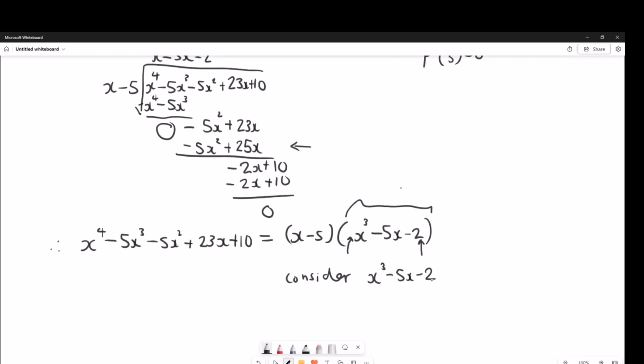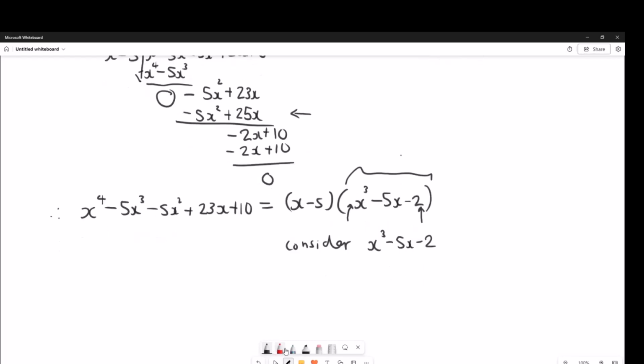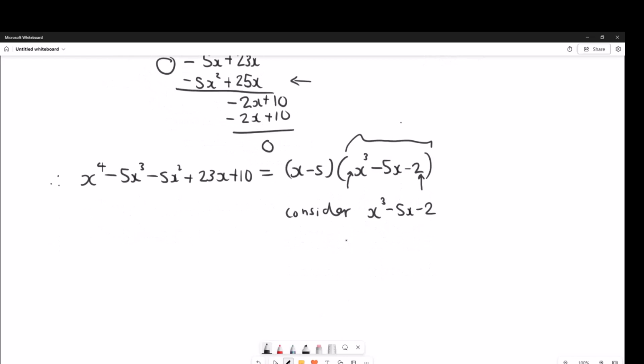And you'll see that the possible zeros are the divisors of minus 2, because minus 2 has divisors plus or minus 1, just like this one here has possible divisors plus or minus 1.